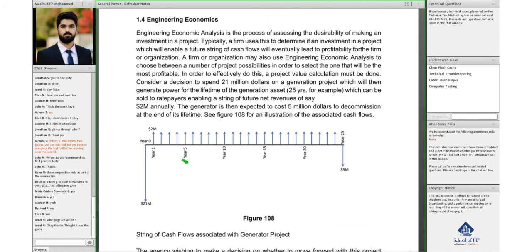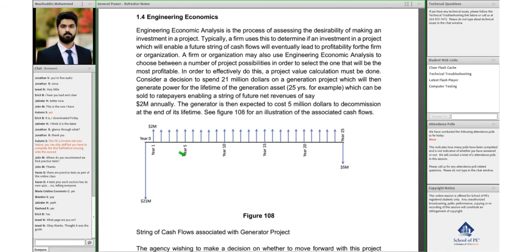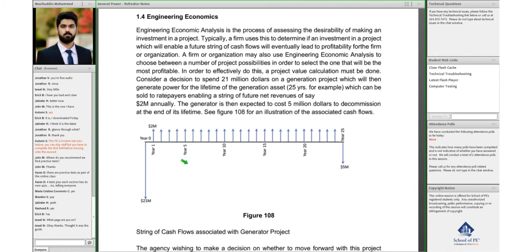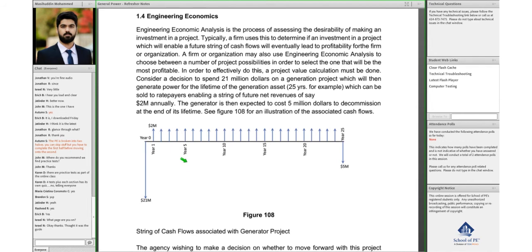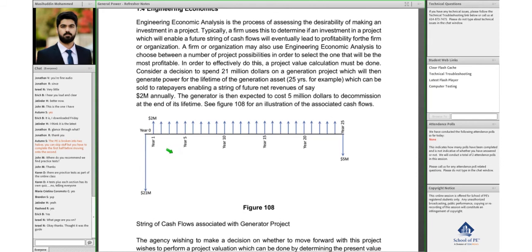So I was talking about cash flow diagrams. This is an example of a cash flow diagram. It's nothing but a graphical representation that shows how the cost is being spent based on a timeline. For example, in this particular example, there is a generation project under discussion, and a utility company should decide whether to invest or not.